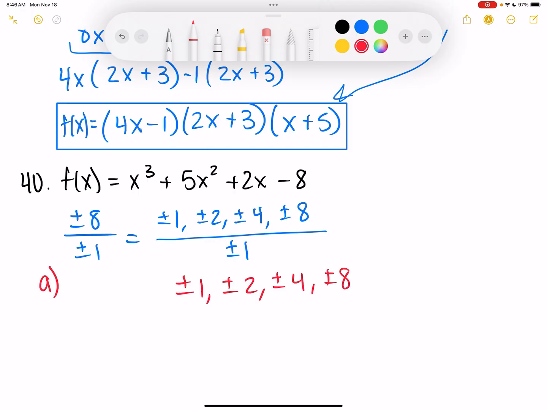So this x cubed plus 5x squared plus 2x minus 8. And then you're going to hit zoom 6.